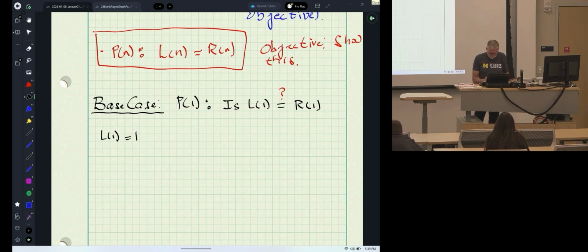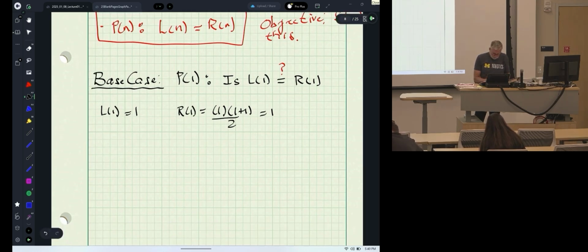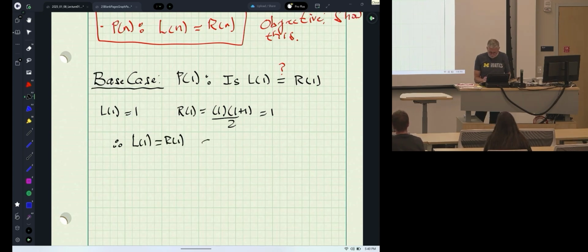And R of 1 is a little bit more complicated. It's 1 times 1 plus 1 over 2, but that equals 1. So conclusion, L of 1 equals R of 1, and hence the base case holds.